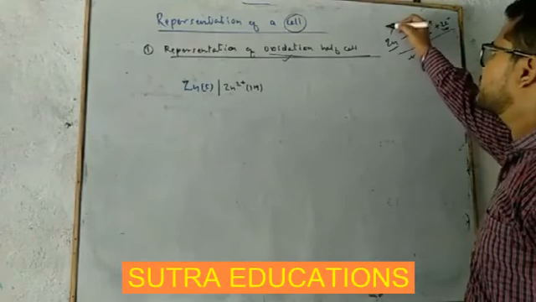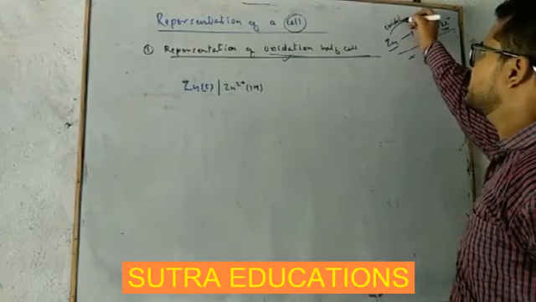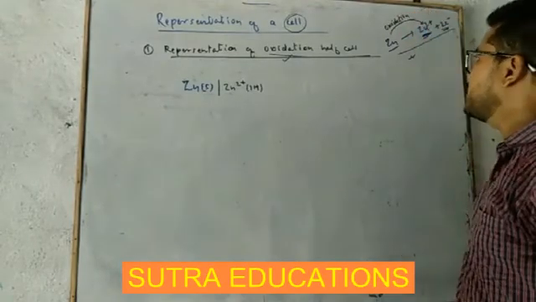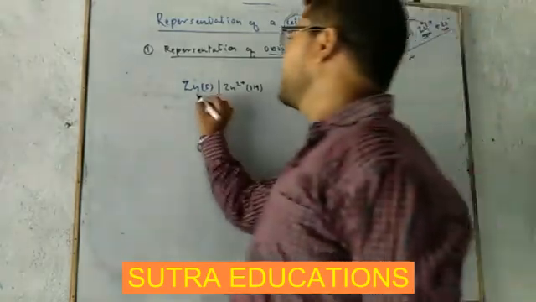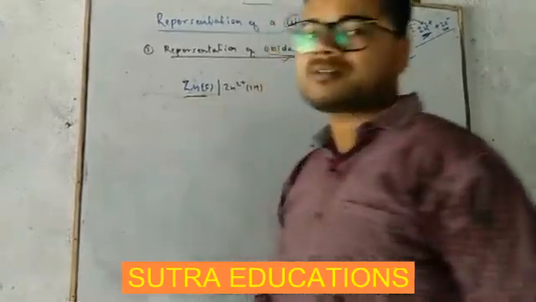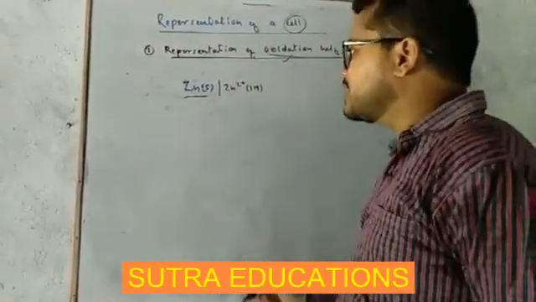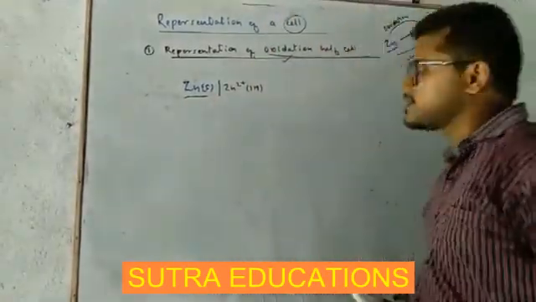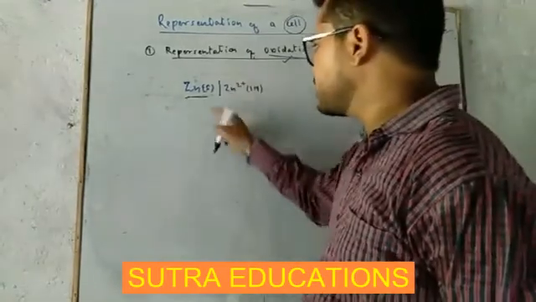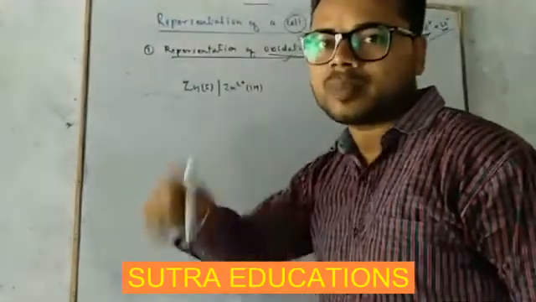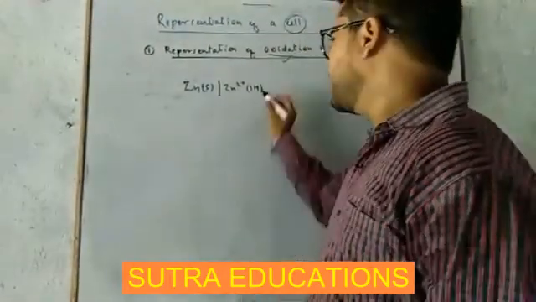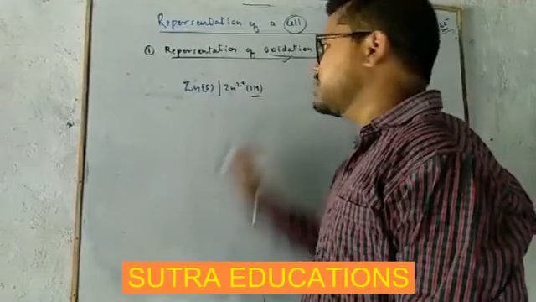Means here oxidation of zinc is taking place. And if its oxidation is taking place, how to represent it? Simply, initially it is zinc, which is solid, and from zinc it is being converted into Zn2 plus. So we will separate this by a line and we will write here Zn2 plus, zinc to Zn2 plus. Okay, and here we show its concentration if it is given.